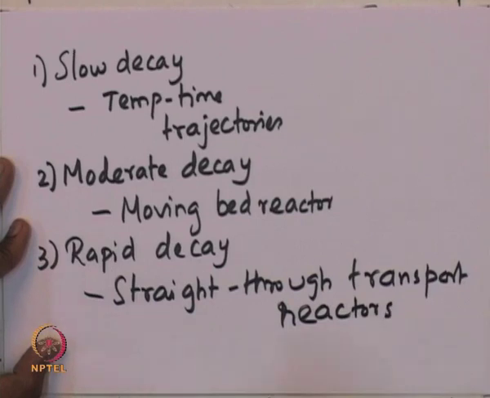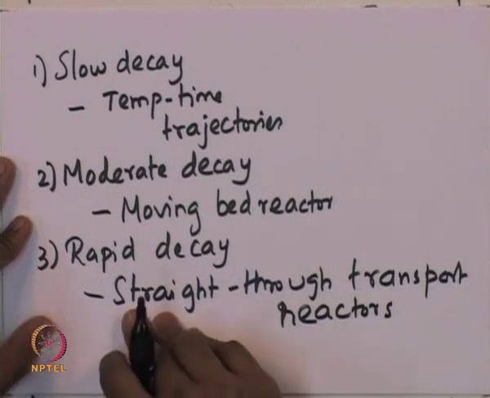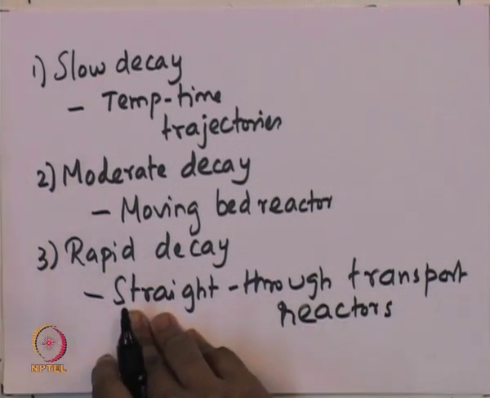This classification is based on the deactivation time scales as dictated by the corresponding decay constant. So, let us look at the first case, slow decay. Suppose the catalyst is decaying very slowly.